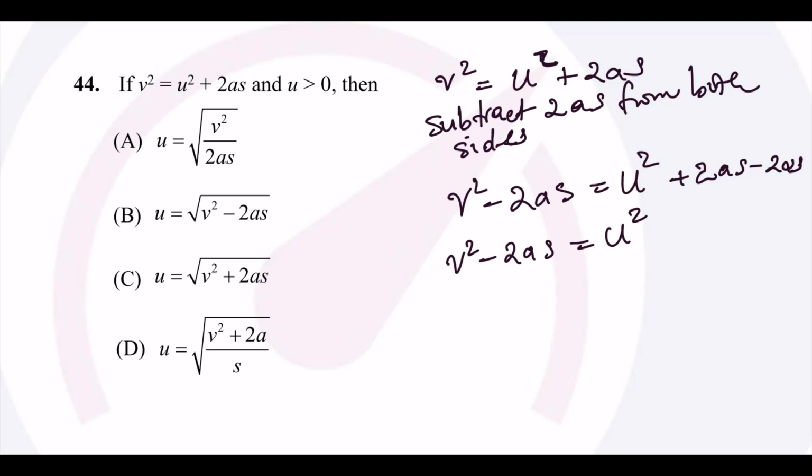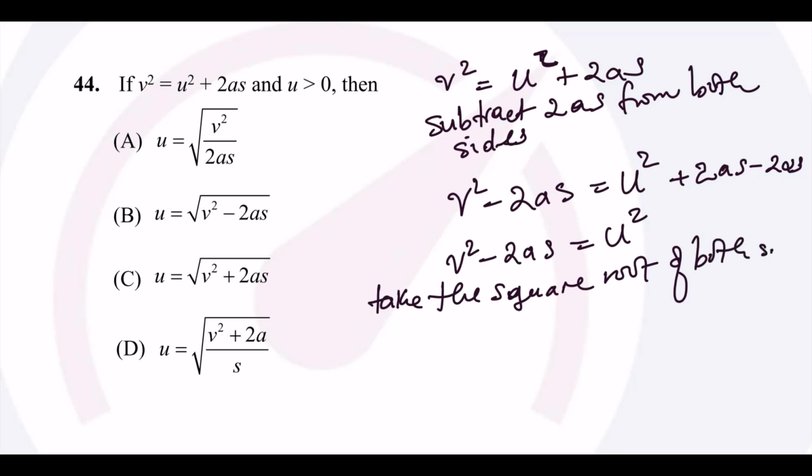Now, when we want to find U and remove the square, we take the square root of both sides. And you know that once you take the square root, it's always plus and minus.